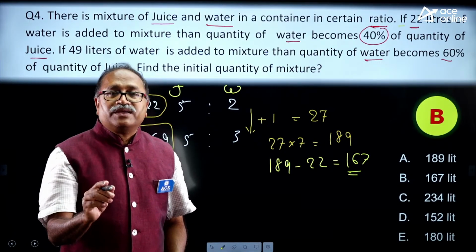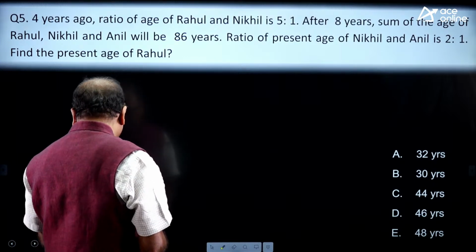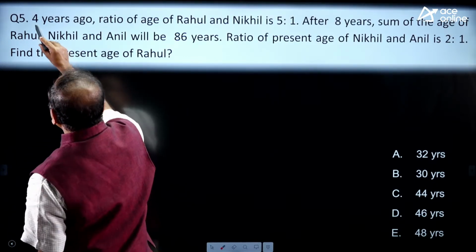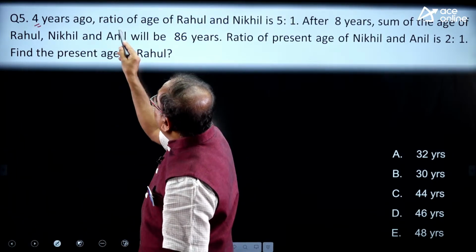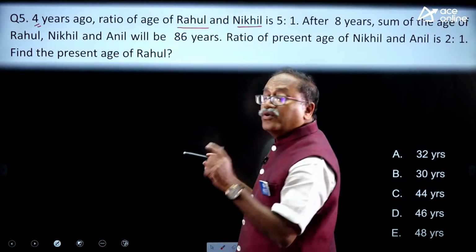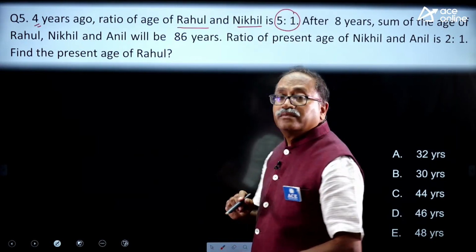I am moving on to the next question, and that is this. Look at this one. Let's see how many of you can answer this particular question. That's about the problem on ages: 4 years ago, the ratio of the age of Rahul and Nikhil was 5:1.